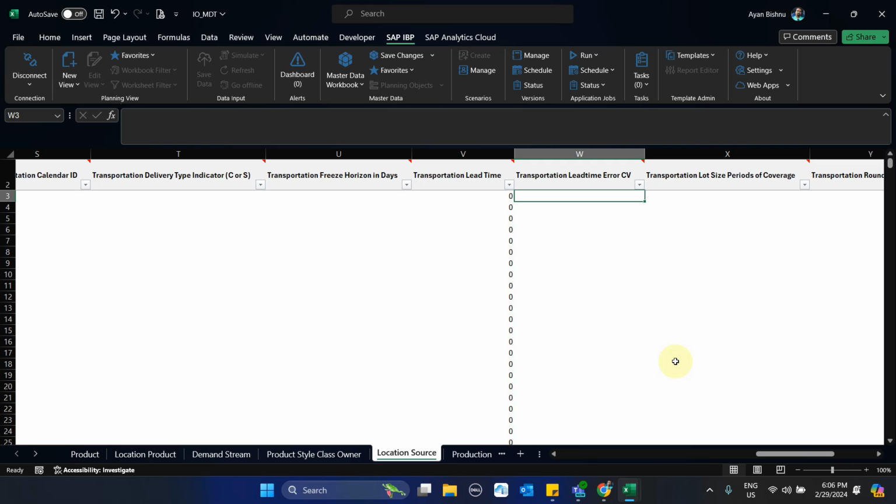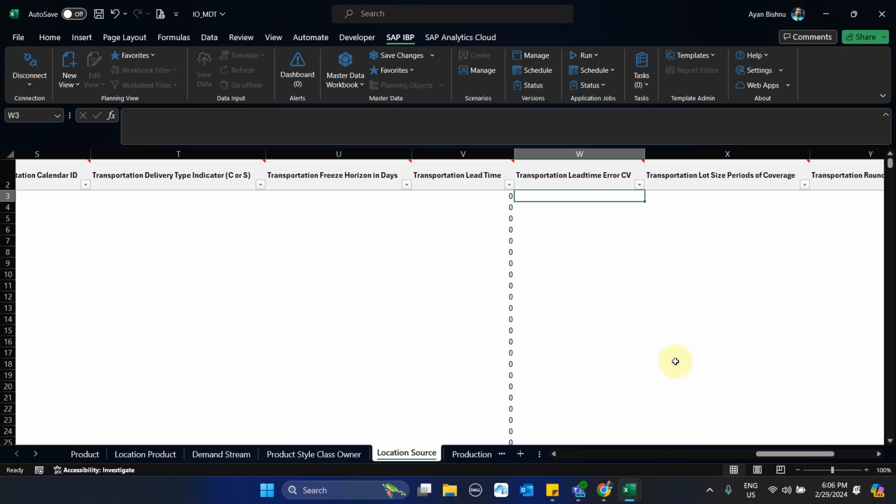So generally we start with demand variability, and in most cases we also go with supply variability, wherein there is a case of multiple vendors where there is a delay in receiving shipments, so that we can capture those variabilities.